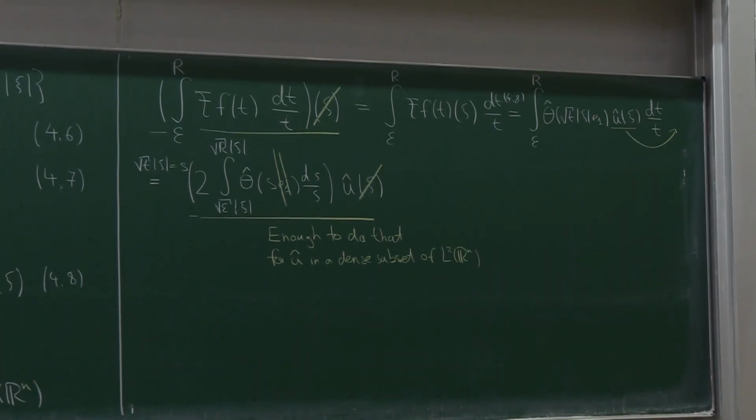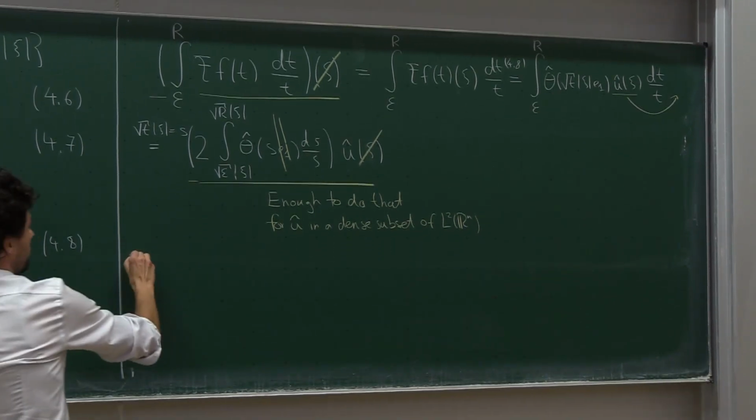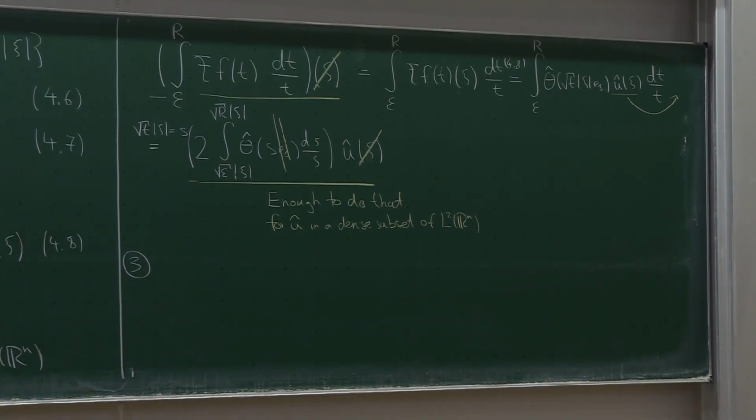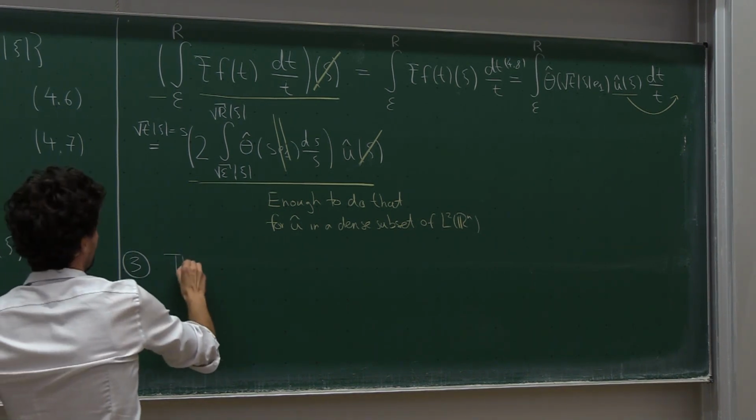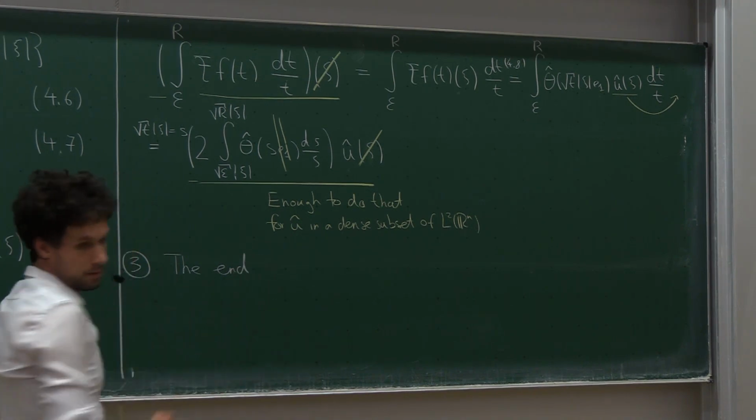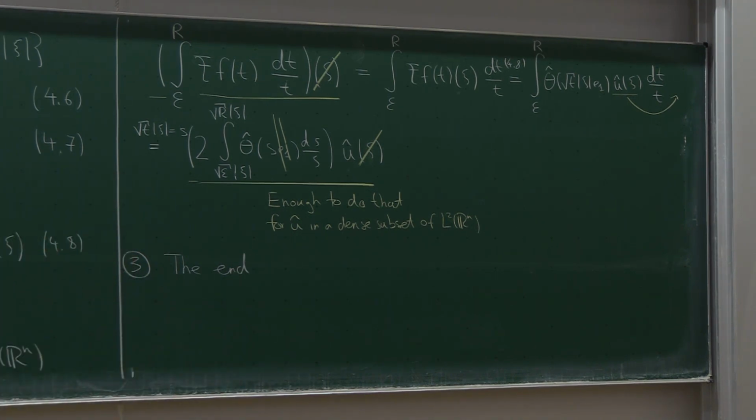It's a twisty argument. But when you're getting used to the Bochner integrals, you're going to see a lot of these arguments. Now, let's have a look at the end of the proof. Okay, because I have to worry a bit about time. But I shouldn't spend too much time now on these things.